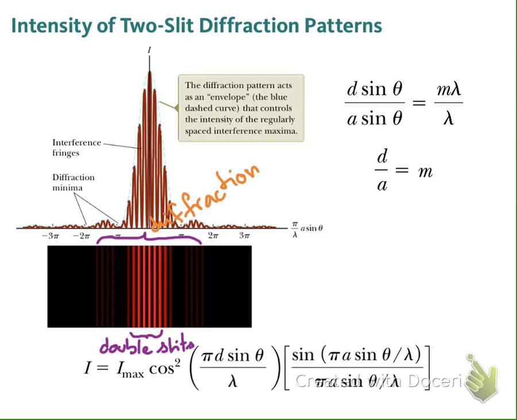Okay, these come from the diffraction. So when we combine the pattern from the double slit interference and the diffraction pattern, we will have this kind of fringe. The intensity of the fringe is just the combination of the intensity of the double slit, which is the first term.